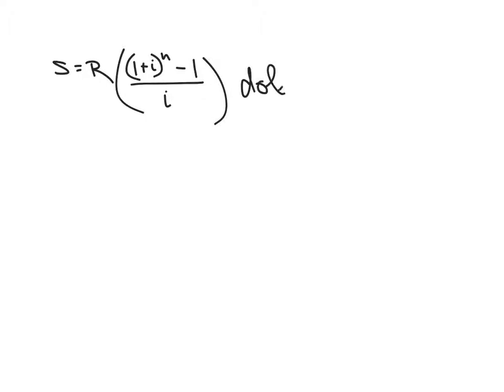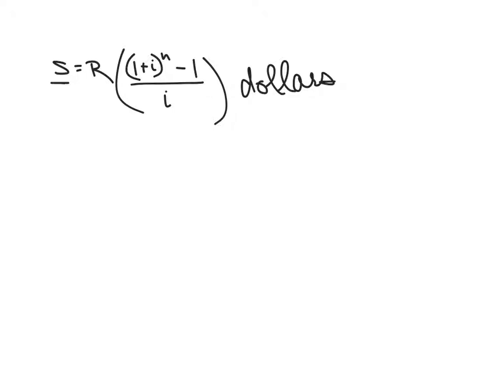So let me go ahead and write that formula down again so that we can refer back to it. Okay, and your unit of measure, or your unit, is dollars. So S is your future value.